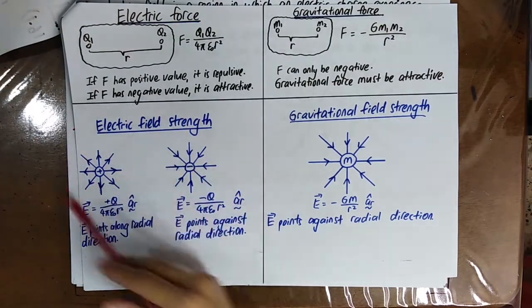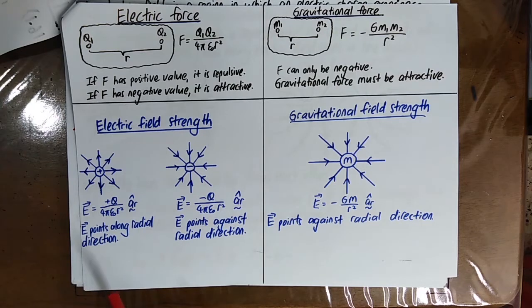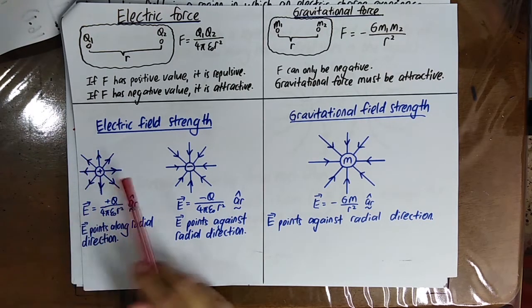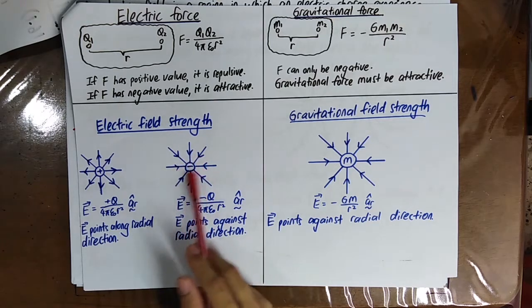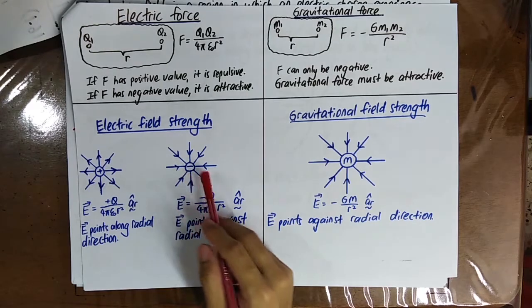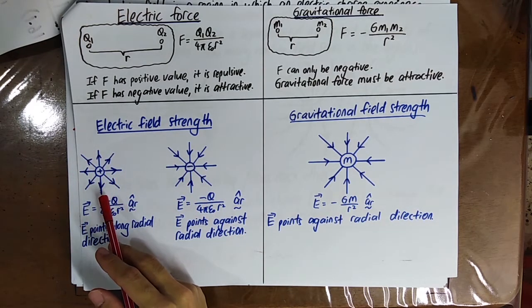Actually, in the chapter of electrostatics, you know that you can have an individual charge. That means that you can have a positive charge without having a negatively charged particle. And then you also can have a negatively charged particle without a positively charged particle. Okay?